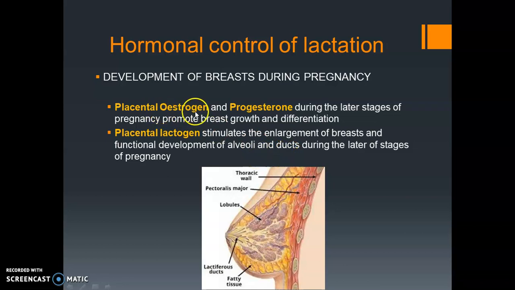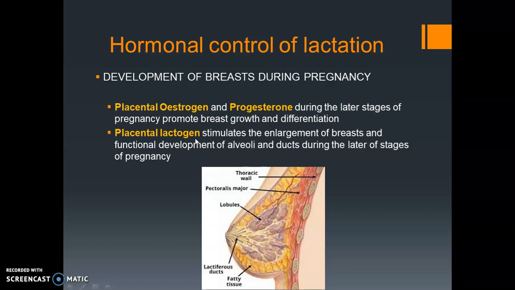So the placental estrogen and progesterone cause the differentiation of the alveoli, and the functional development of the alveoli and the ducts takes place under the influence of placental lactogen. So the development of the breast during pregnancy takes place under the influence of three hormones, that is estrogen, progesterone and lactogen.